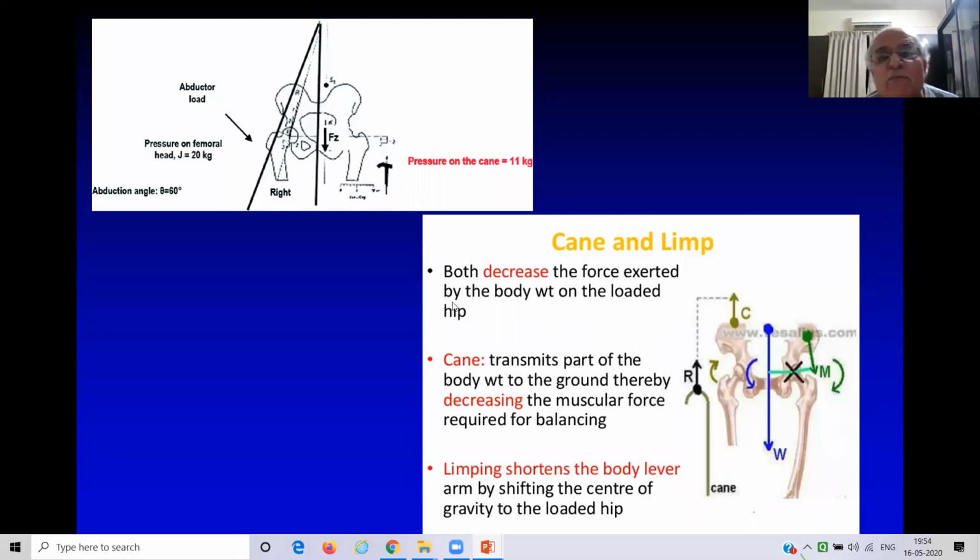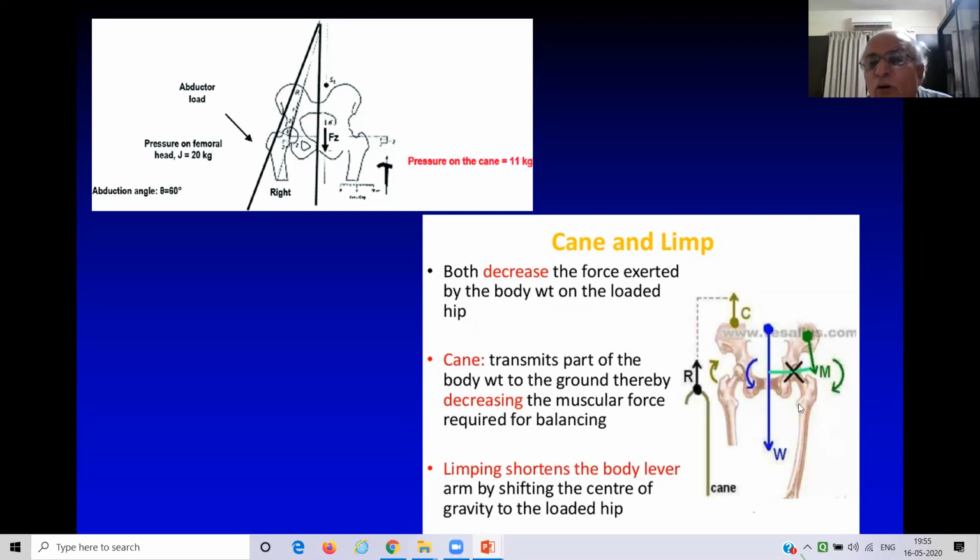So cane and limp both decrease the forces exerted by the body weight on the loaded hip. Cane transfers part of the body weight to the ground, thereby decreasing the muscular forces required for balancing. Limping shortens, as I told you, limping shortens the body lever arm. So you have to remember how it is shortened.